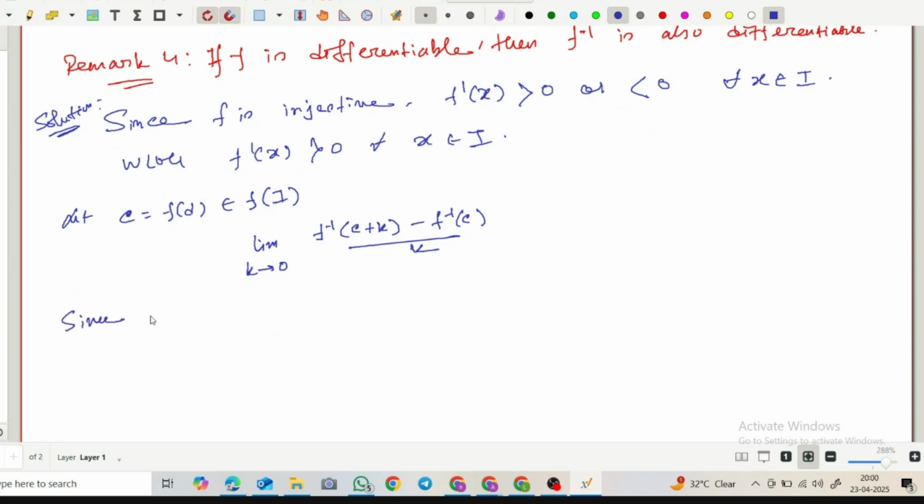Since k tends to 0, choose k so small that c plus k is inside the interval f(I).